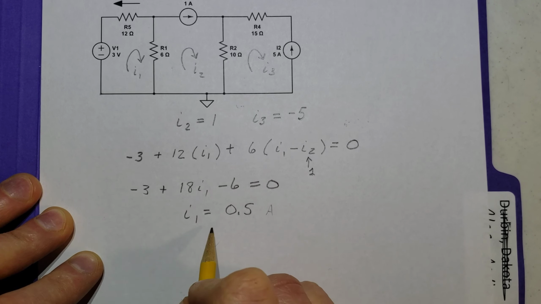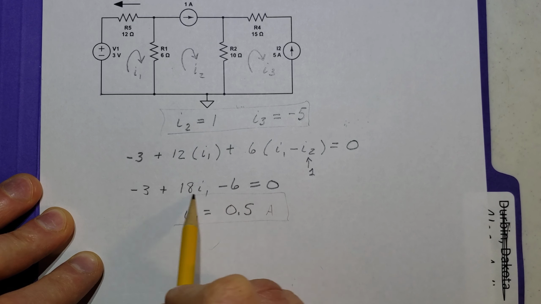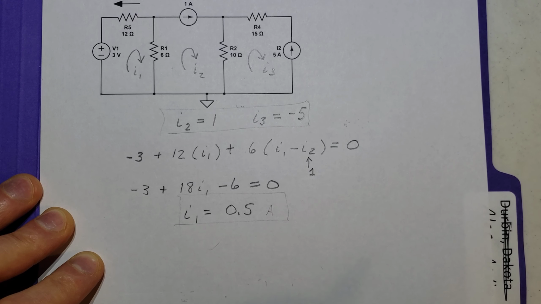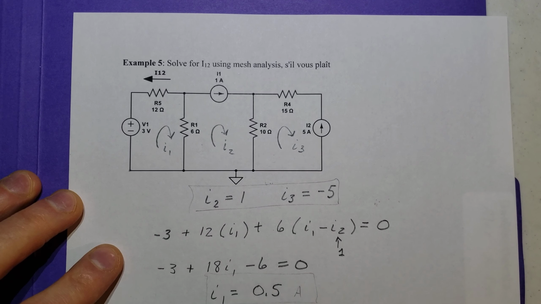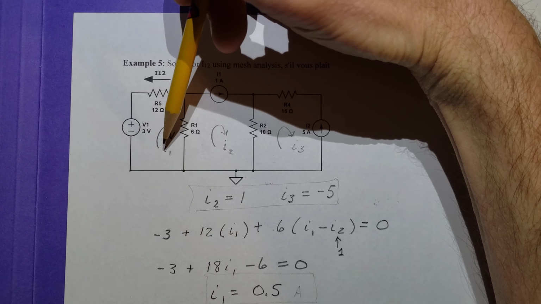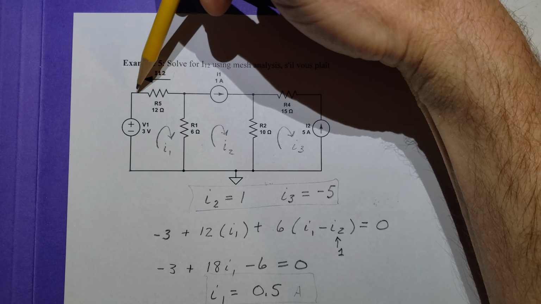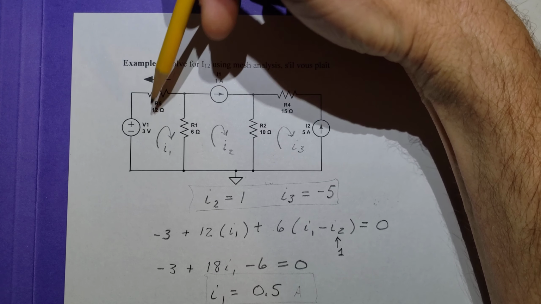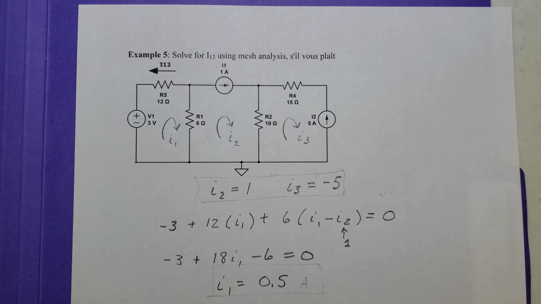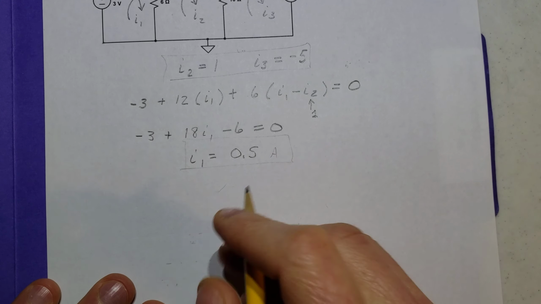All right, now we've got all of our mesh currents. But they didn't ask us for the mesh currents. They actually asked us for I12. Well, wait a minute, I12 is going counterclockwise, I1 is going clockwise, and that I1 that we've solved for, we don't have to multiply, we don't have to divide, we just have to stick in a minus sign for the convention of the direction. And so I1 was found out to be 0.5 amps.